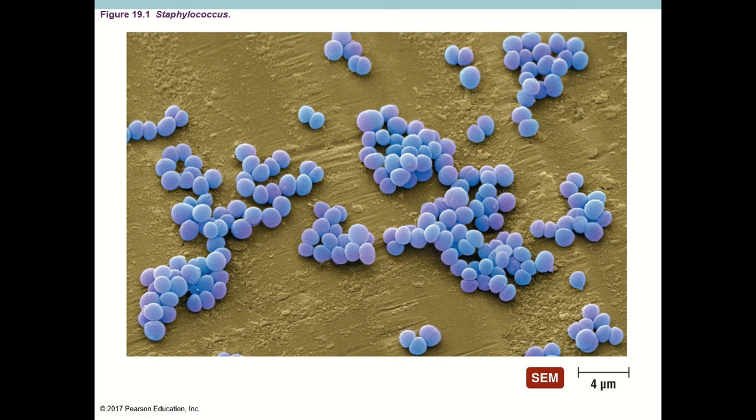Okay, second is coagulase. Coagulase is an enzyme that plays a role in clotting. Okay, so what this is going to do is convert something called fibrinogen into fibrin molecules, which is part of the blood clotting mechanism.